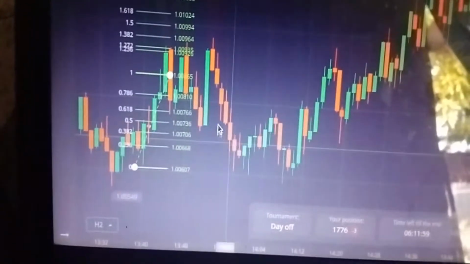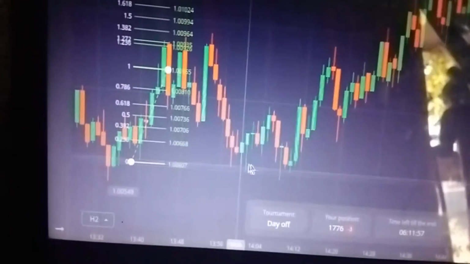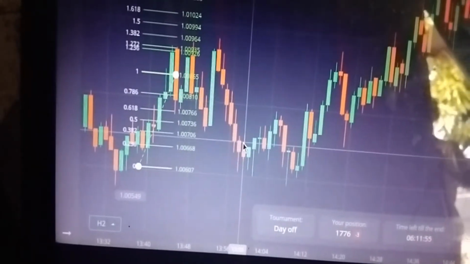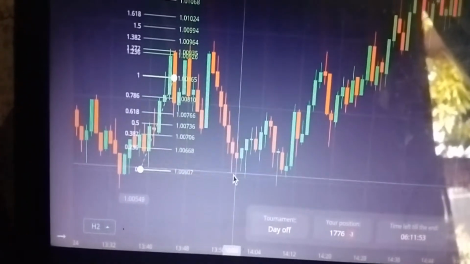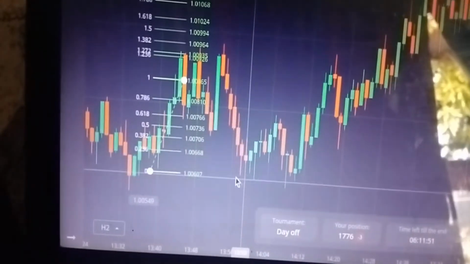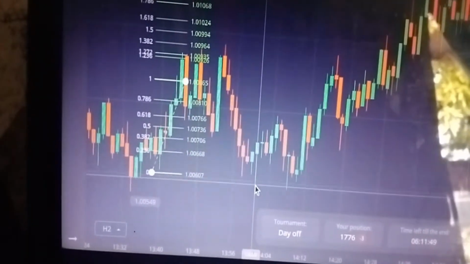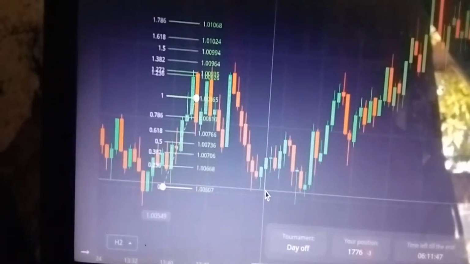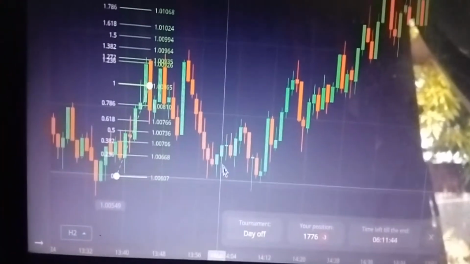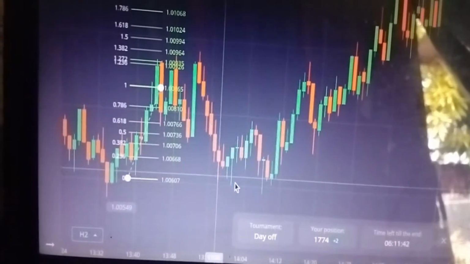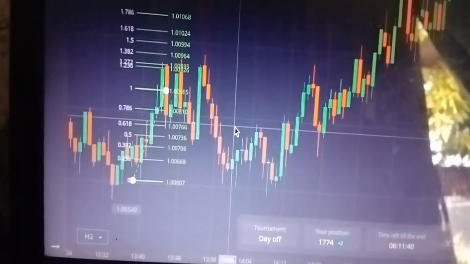Well, good job. Then what happened here? Swing high from then, swing low from here. Finally, price broke the swing low, right? What is happening here?